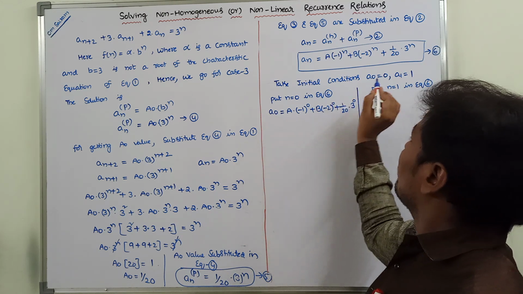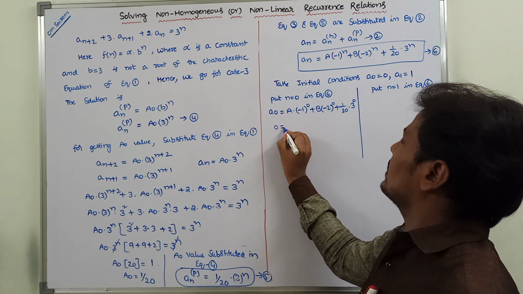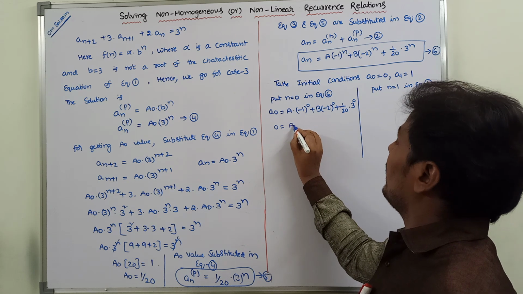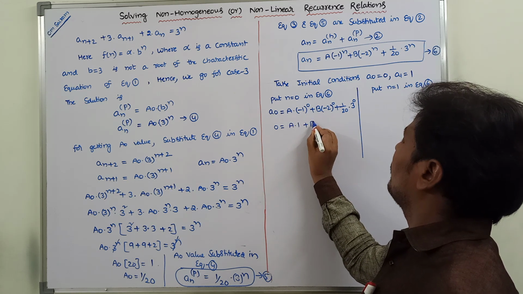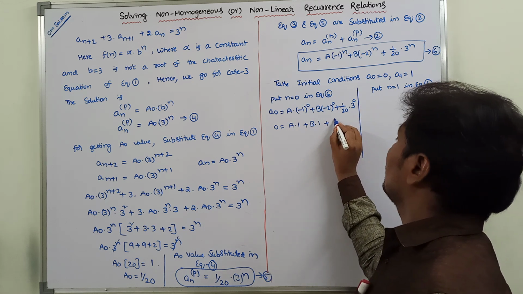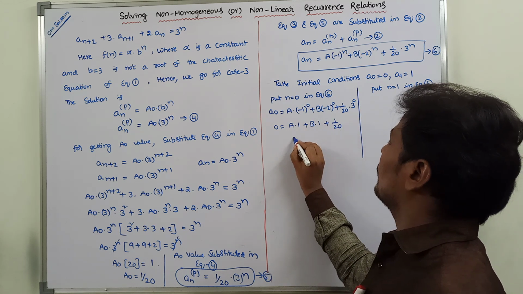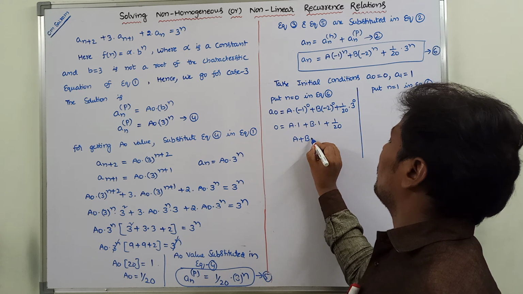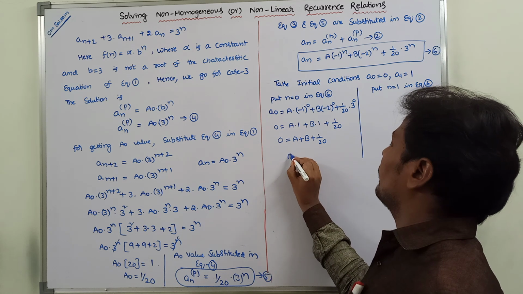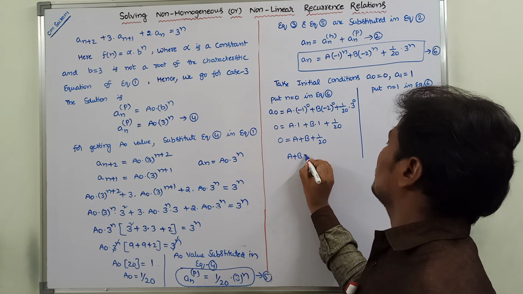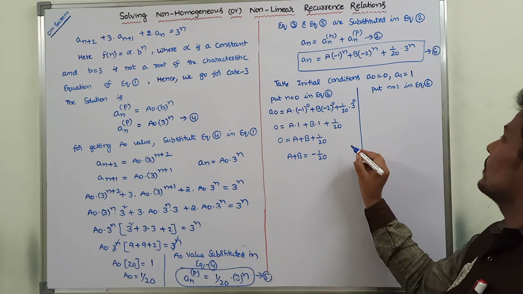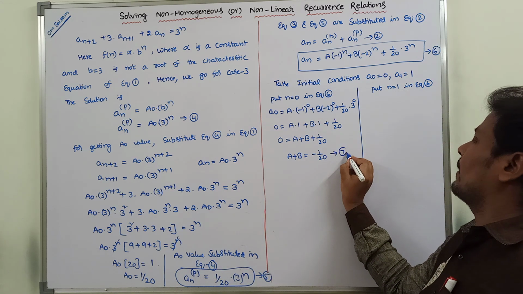What is the A0 value? That is 0. Anything power 0 is nothing but 1. So A into 1 plus b into 1 plus 1 by 20. So a plus b plus 1 by 20 is equal to 0. Therefore, a plus b is equal to minus 1 by 20. This is equation 7.